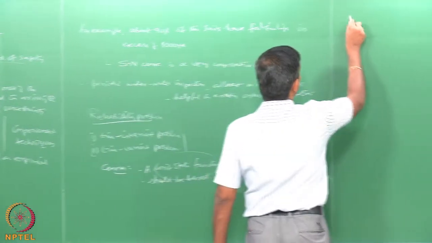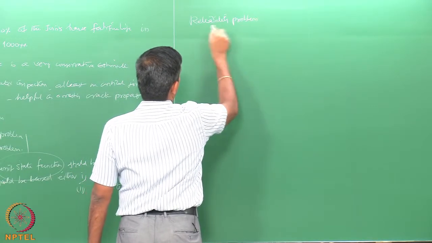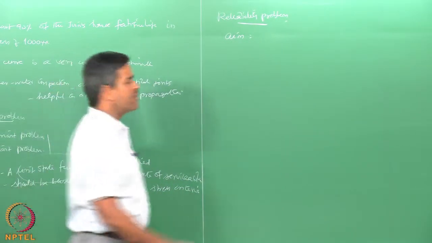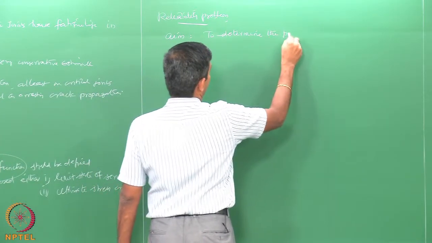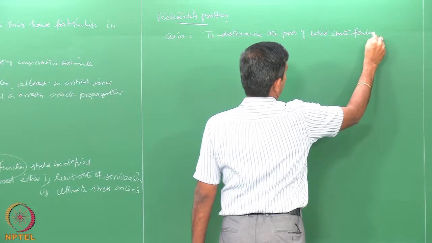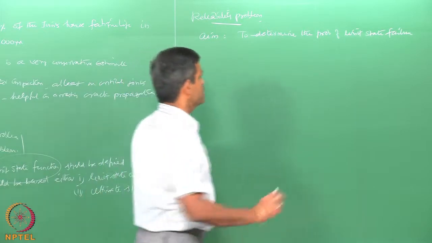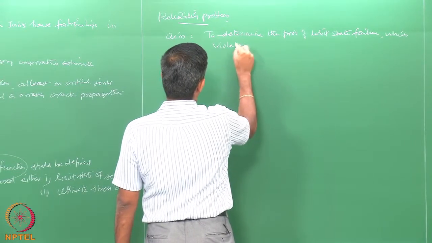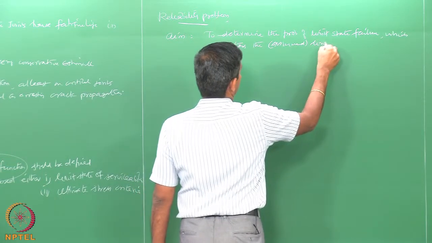So, the aim of reliability problem is to determine the probability of limit state failure which violates the assumed limit state condition.